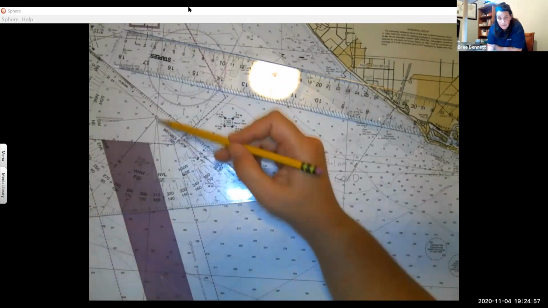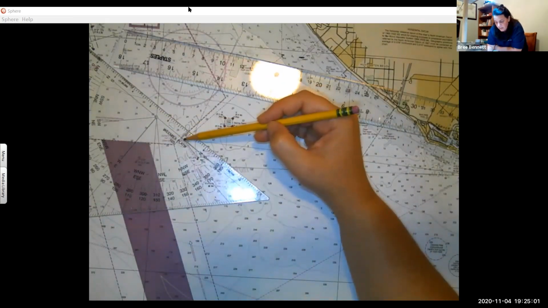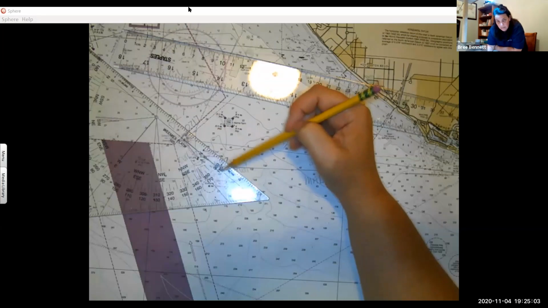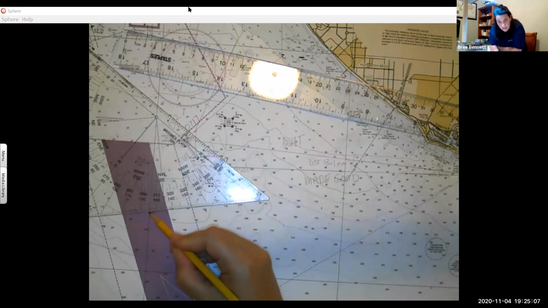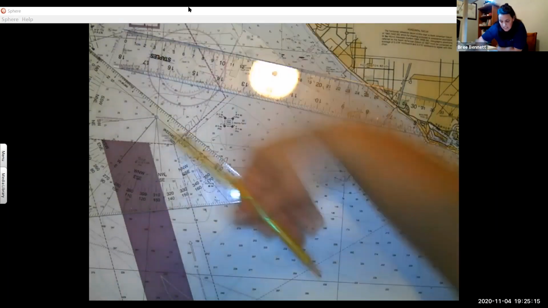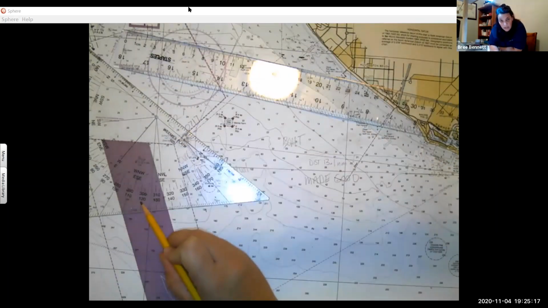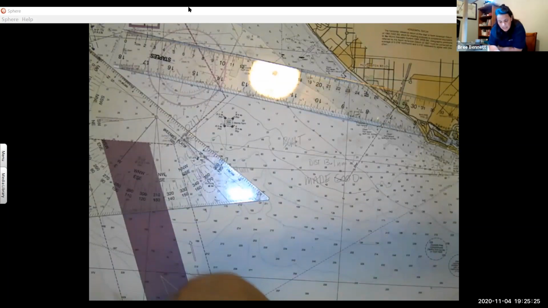I have my focal point on the line. I have this line through Edith and through my actual position. Then I can read down here. I have 120 and 130. I know that it pushed me southeast, so I'm going to be in between that 120 and 130, and I get 126 as my set.